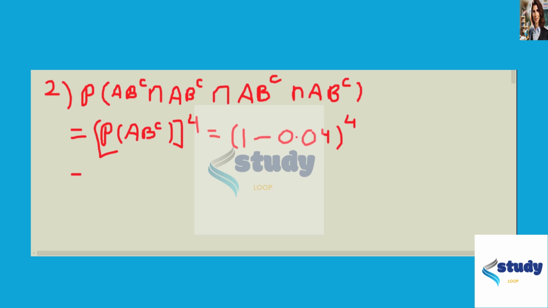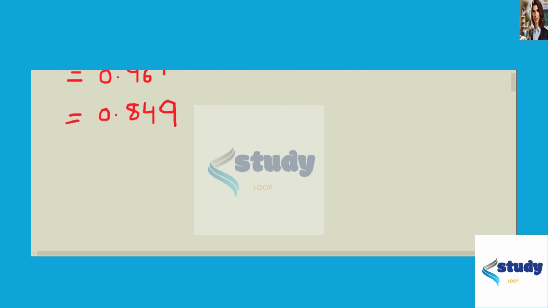So this is equal to 0.96 raised to 4. And so this is equal to 0.849, which is our required probability.